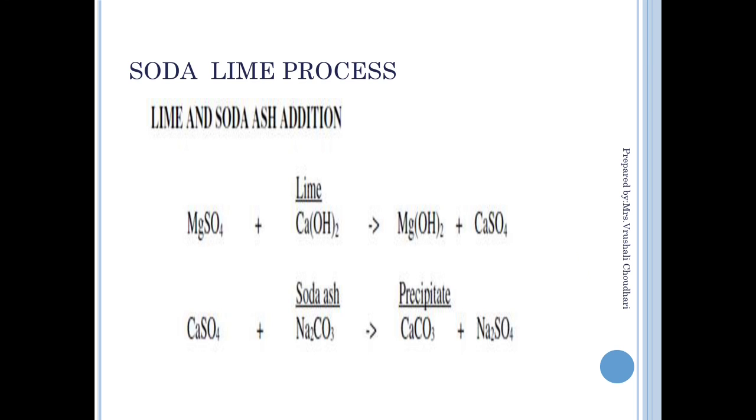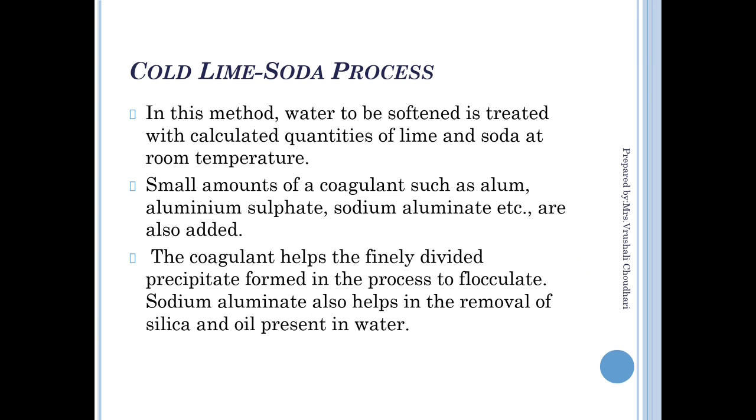MgSO4 is a soluble salt. When we add lime, it is converted into Mg(OH)2, which is in an insoluble or precipitate form. Similarly, calcium sulfate is treated with sodium carbonate, that is soda, to form insoluble calcium carbonate, which settles down in the tank and is removed by the filtration process.